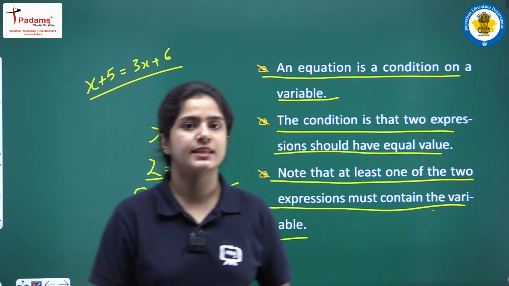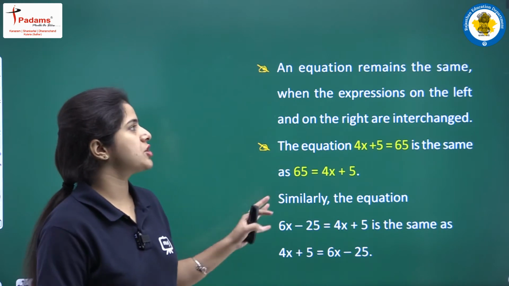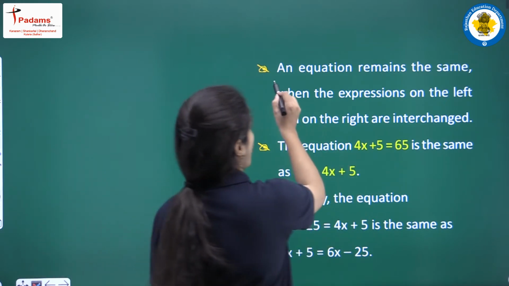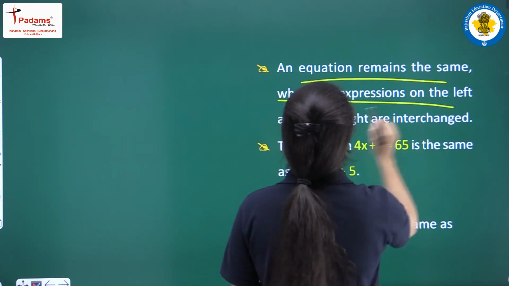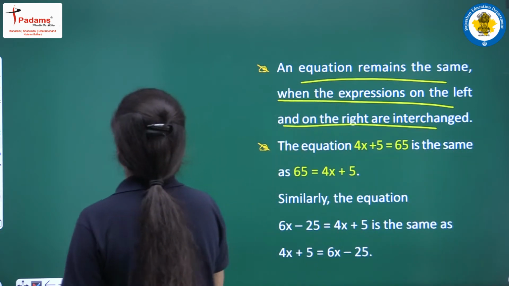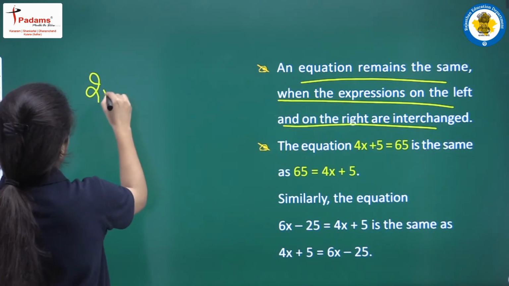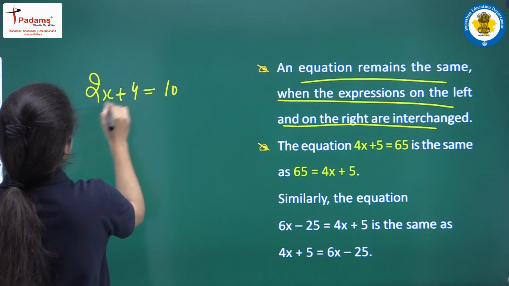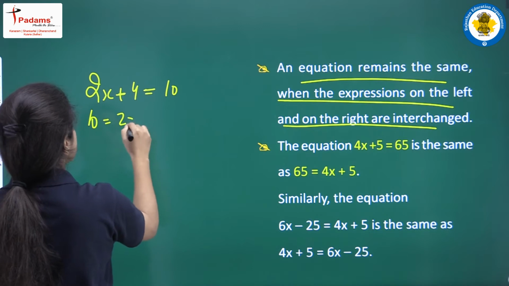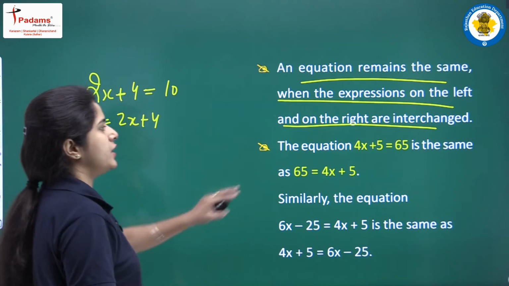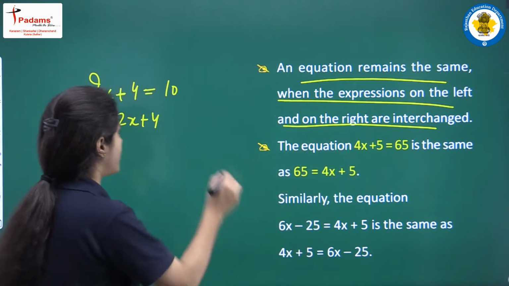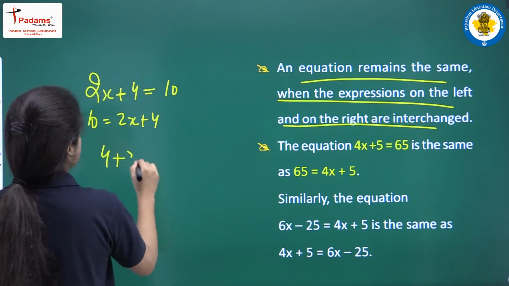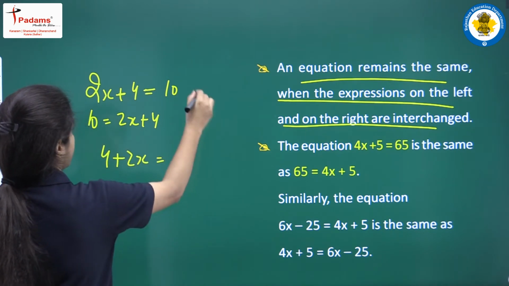Alright, students, the next thing, an equation remains the same when the expressions on the left and the right are interchanged. For example, students, if 2x plus 4 is equal to 10, okay, then 10 is equal to 2x plus 4. Alright, students, so when you are interchanging the left and right, and also students, if 4 plus 2x is 10, okay, then it is also the same.